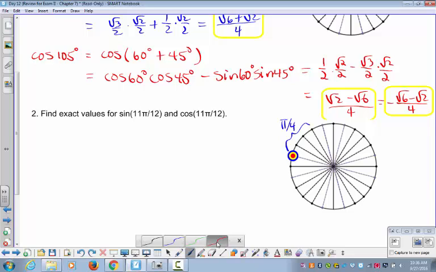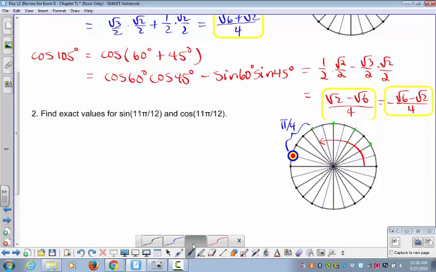And then we would need to figure out what that angle is in radians right there. And that angle is how many radians? Did you say 4 pi over 3? So if we count by pi over 3, we just have to be careful.